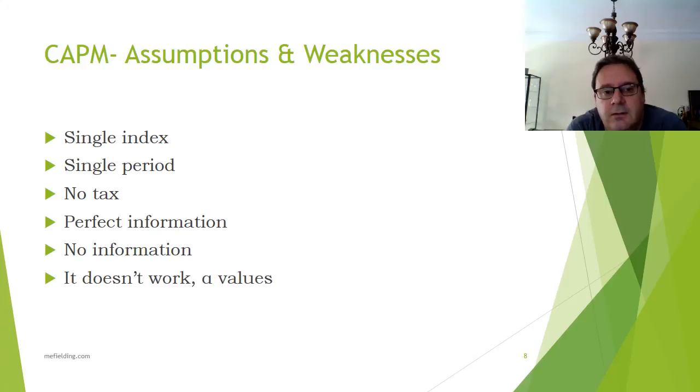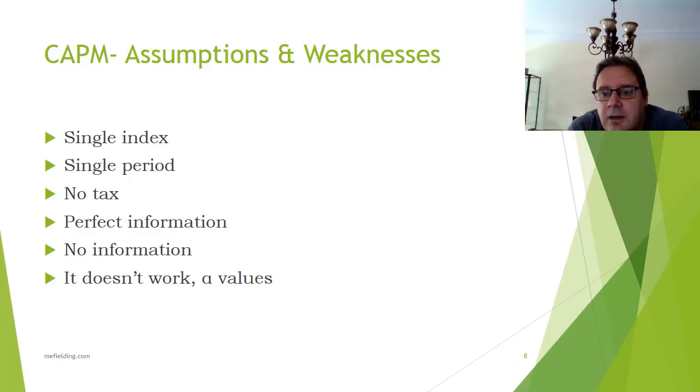If you don't have any information at all about the company, because it's not quoted on the stock exchange, you can't use CAPM at all. So how are you going to do a net present value calculation? Well, in real life, we come up with something. But no information is as valid an argument against CAPM as perfect information.